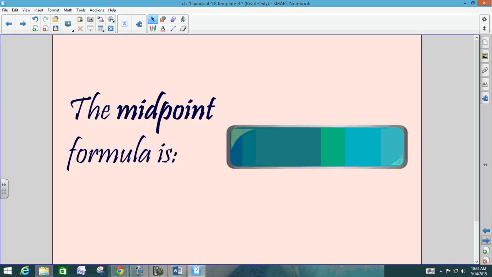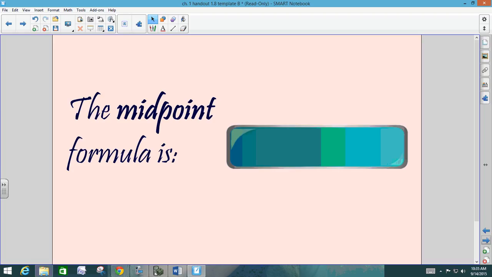Middle, midpoint, exactly, good. When it's right in the middle, what does that tell us about AM and MB? They are congruent, they're equal in length. Excellent. So we're still doing midpoint, but instead of being on a single number line, it's on a plane. So you have an x value and a y value.